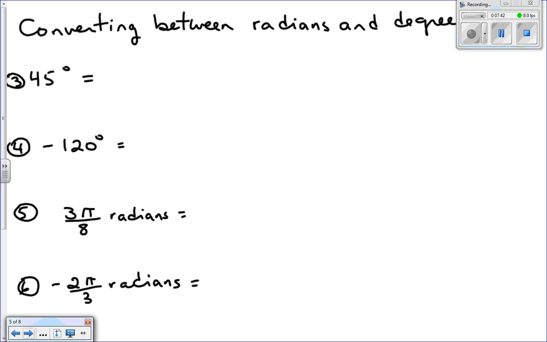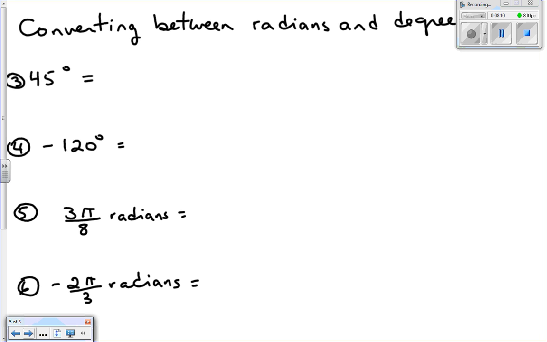So let's practice now converting between radians and degrees, because our goal is for you to be able to think in terms of radians as opposed to degrees. As we go through trigonometry, we're going to be using degrees a lot of the time, but there are also a lot of times when we're using radians, and so it's important to get a real feel for how many radians an angle is.